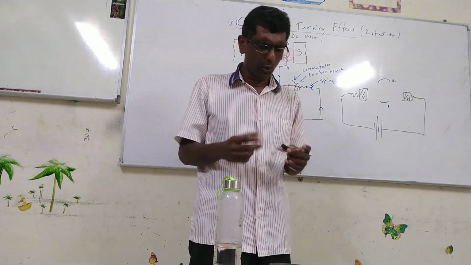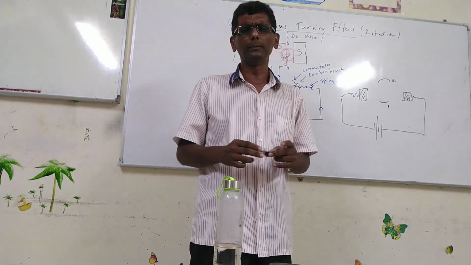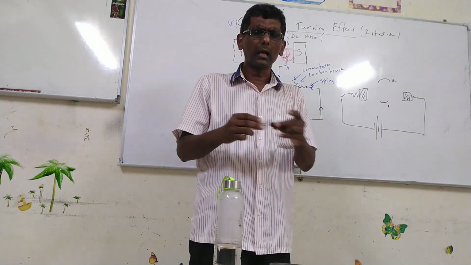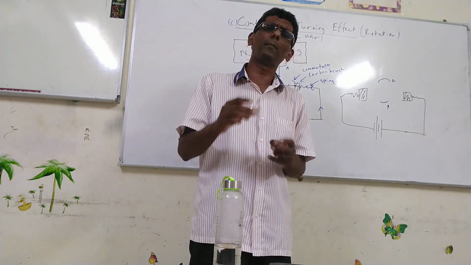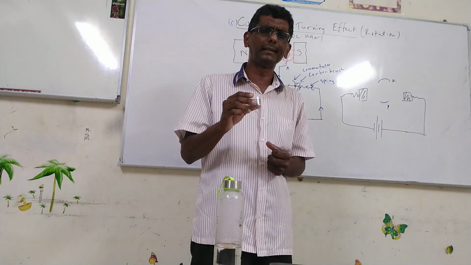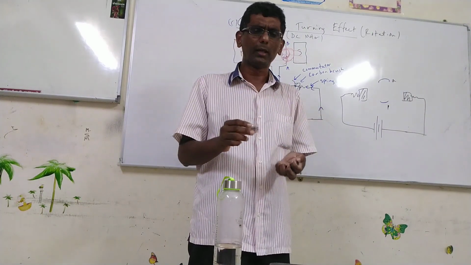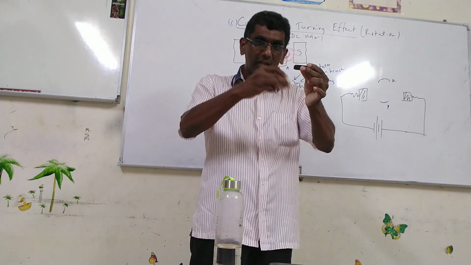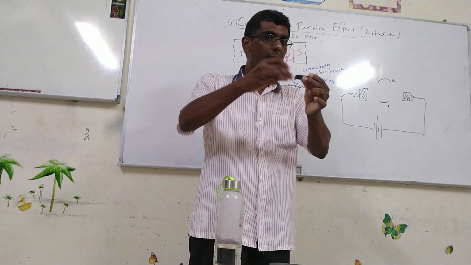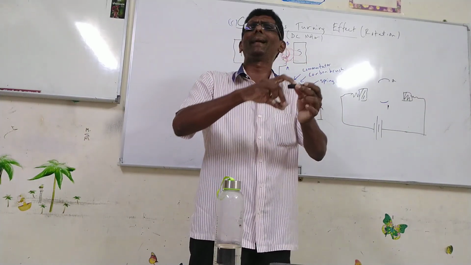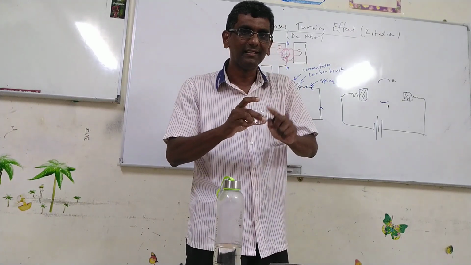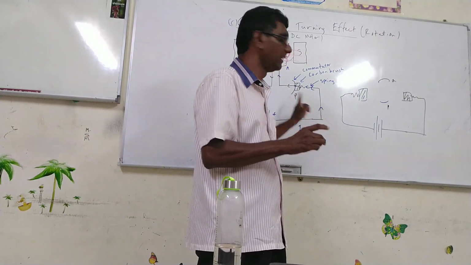So for the carbon brush, they have to find one material which is suitable, because the commutator has friction with the carbon brush. The carbon brush is not metal; the commutator is metal.